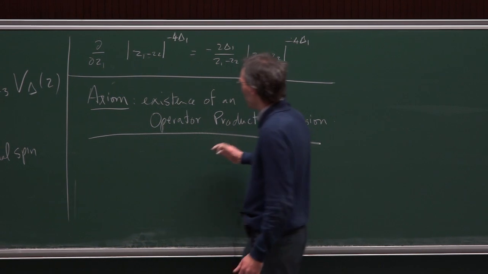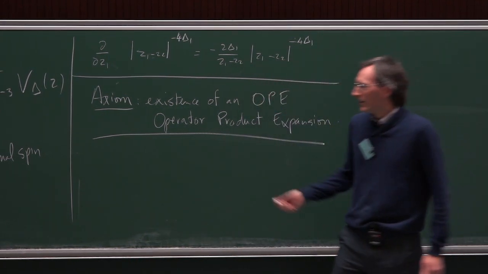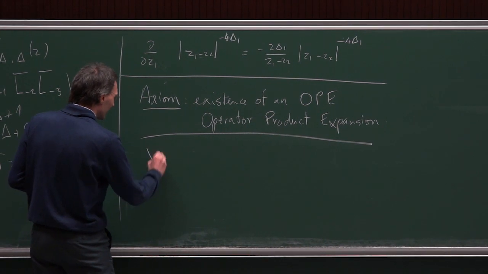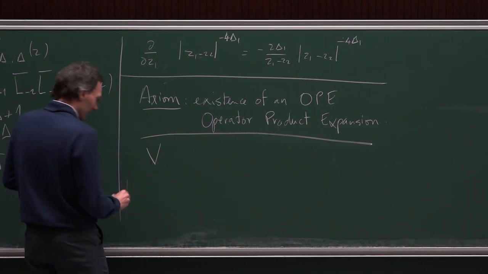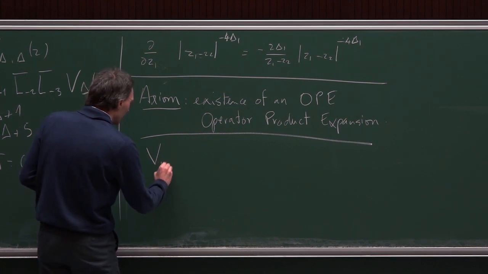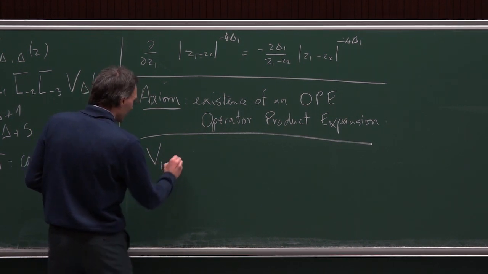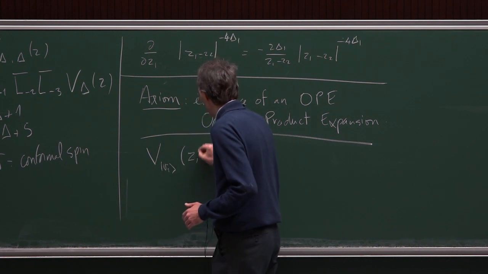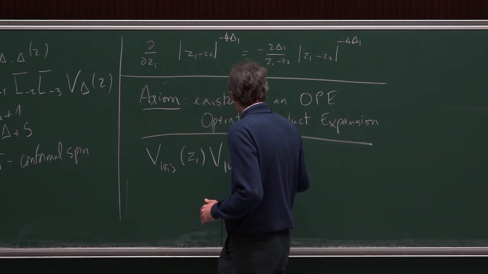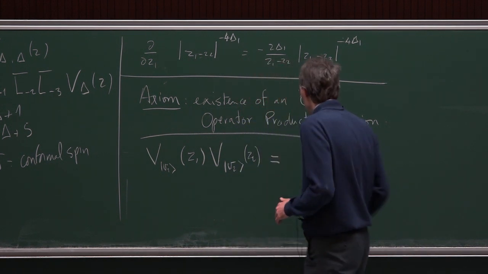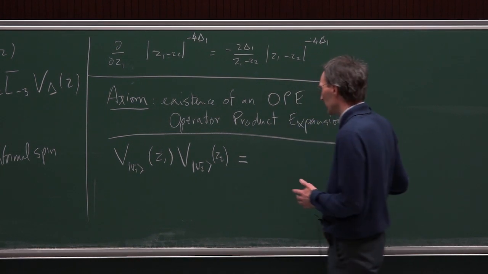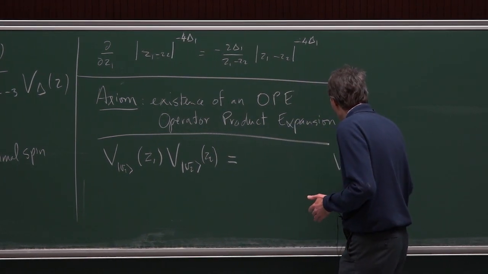So let's define operator product expansions. That's really a nonlinear axiom in contrast to all these symmetry conditions. This nonlinear axiom starts with two fields, and let me write them as fields corresponding to states: V1 of Z1, V2 of Z2, and I want to rewrite this as a linear combination of fields. Which fields?